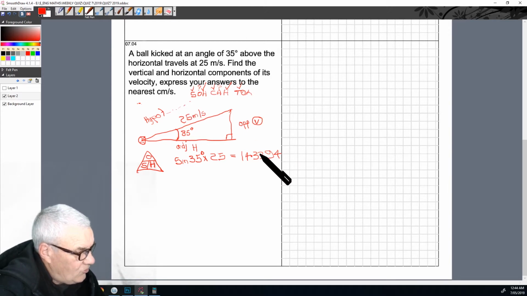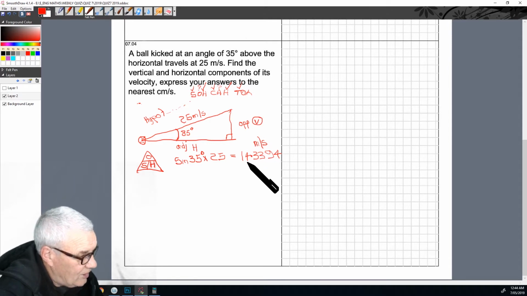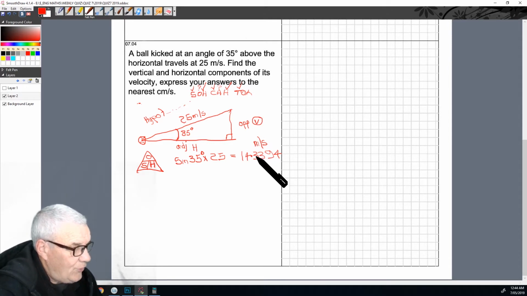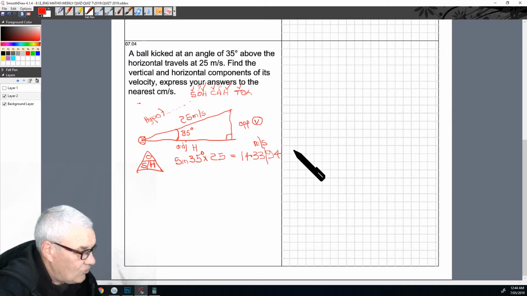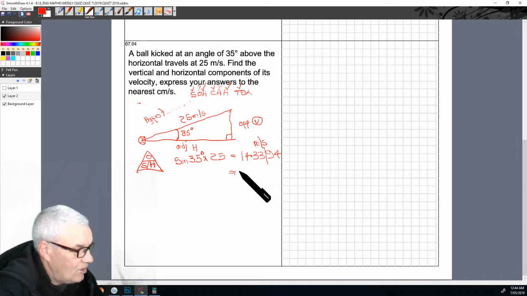So this is metres per second. We want the answer to the nearest centimetre per second, so that's the centimetre position there. So we need to round it.